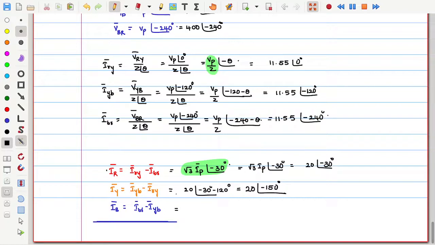That is the advantage: once you understand the basic idea of the delta connection, especially for a balanced system, it is easy to write all the phase currents, line currents and phase voltages, line voltages for all phases like R phase, Y phase, B phase. So I can write 20 at an angle of minus 30 minus 240, which is equal to 20 at an angle of minus 270. In this way, you can get all the line and phase quantities of the given delta configuration. Okay, thank you.